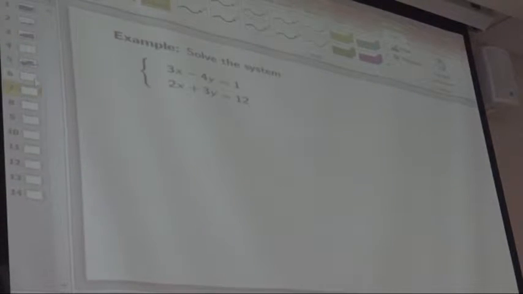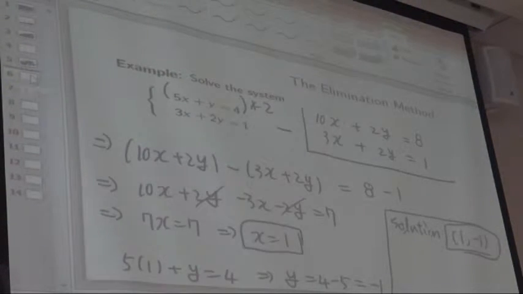So what I can do is, for this one, instead of eliminating the y component, let's try to eliminate the x component. So we have the same 5x plus y equals 4 and 3x plus 2y is equal to 1. Let's remove the x component. To remove that, 5 and 3 are not the same, so we have to match them.